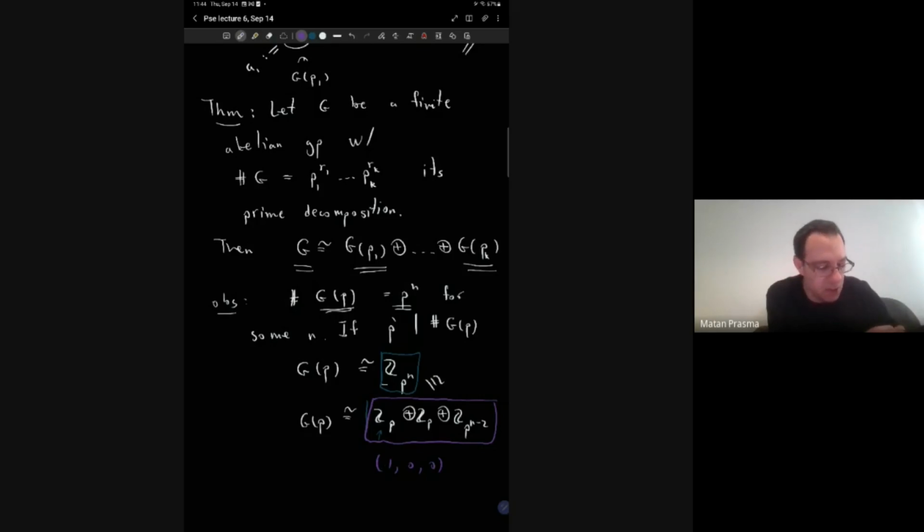You need to think a bit about it, but these two groups are not going to be isomorphic because you will have elements of different order in the blue and the purple groups. So a priori we don't know what G_p might be. We have a restricted range, but still there could be differences.